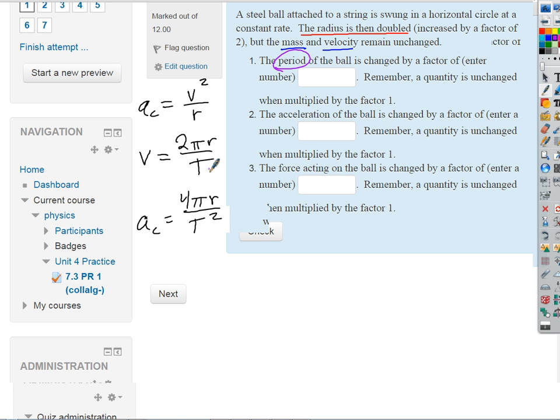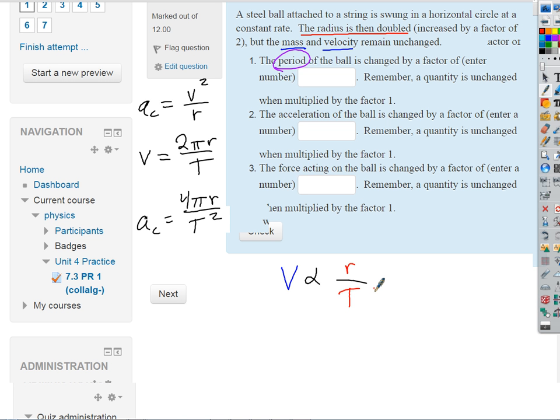Right? So if the radius is being doubled and the velocity is unchanged, then look what we get here. I don't even need to put these constants in there, do I? I know that v, which is a constant, is proportional to r over t, right?